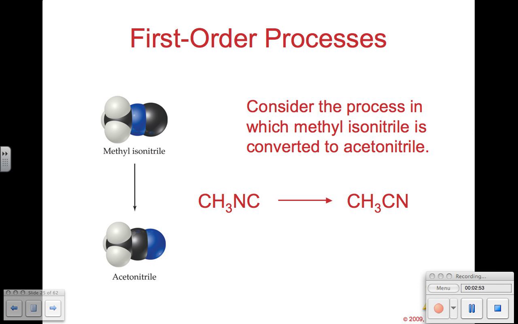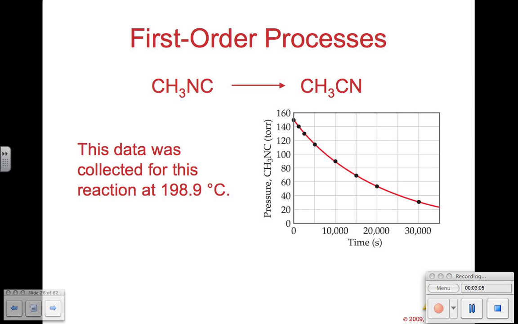Let me go to this one real quick. Here we have a substance, methyl isonitrile, and it converts to acetonitrile. If this is the case, you get this data.